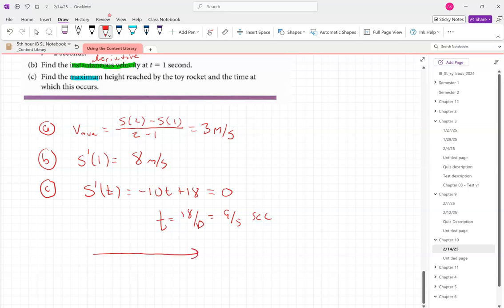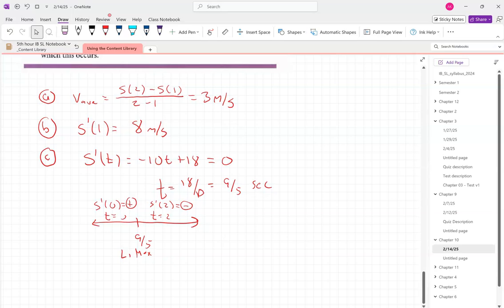I can confirm that it's a maximum by doing a first derivative test. When I plug 0 in for this, I get a positive. When I plug 2 into this, I get a negative. So that is a local maximum. Everybody's okay there?